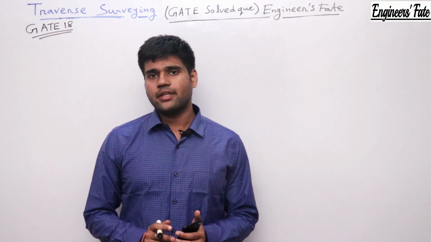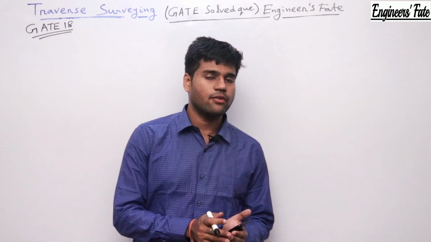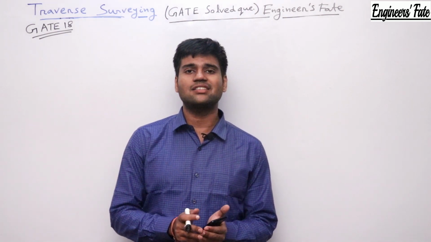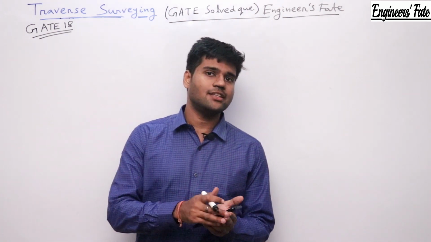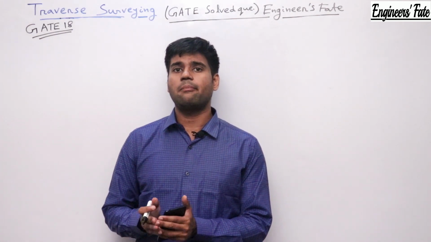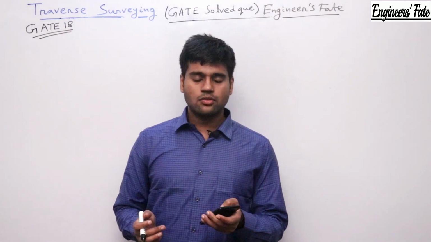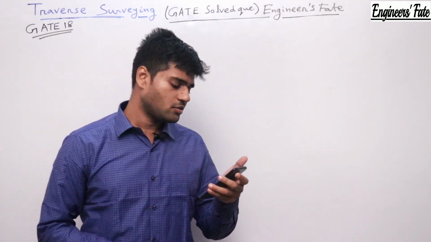So this is the question asked in GATE 18, and we have solved a similar kind of question in this video asked in GATE 7. So you can see in the GATE exam, previous year questions don't repeat exactly, but the concepts of previous year questions do repeat. So let's start this question.